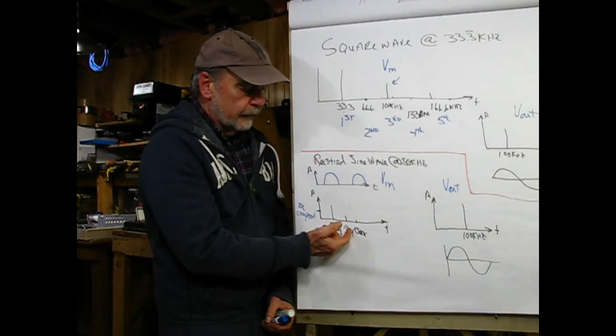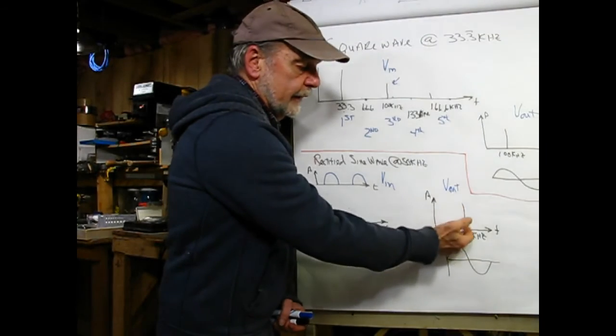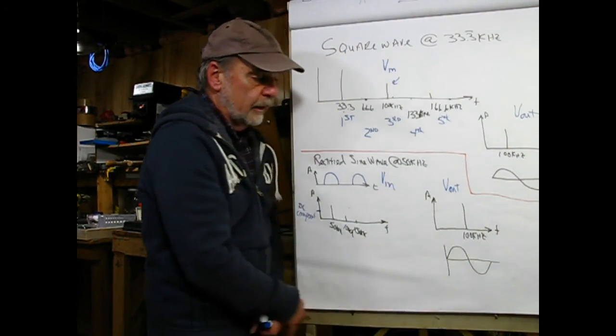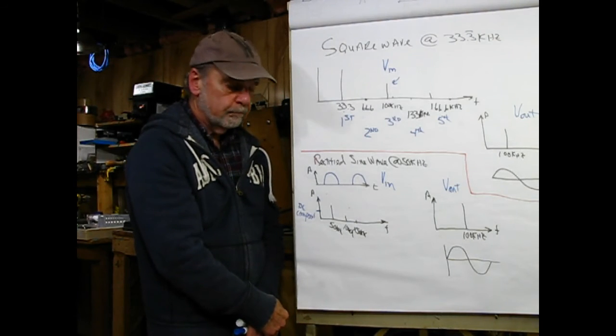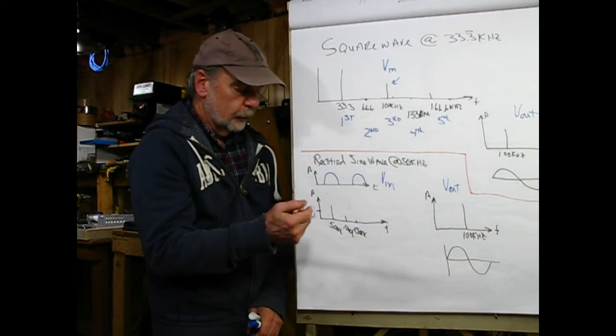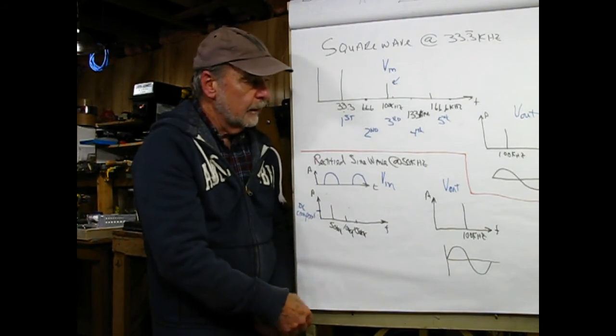It's going to take the 100K input component, select it and amplify it by its tuned circuit, and then the output of this would be a sine wave at 100 kilohertz. This also has a DC component too, but we don't care about that because we're blocking DC right on the input stage anyway.